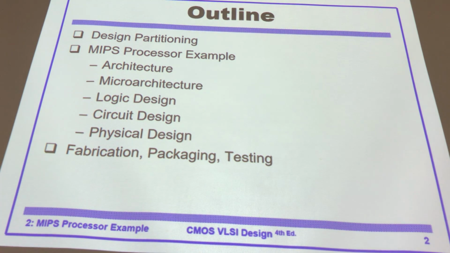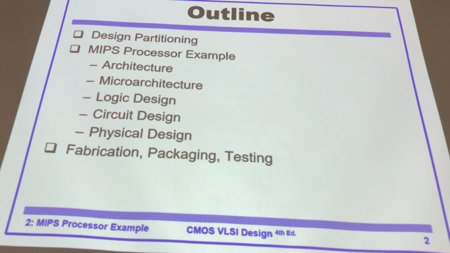For a complex chip like a CPU, you might need to employ some design approach, like design partitioning. Given the CPU process example, start from architecture design, then microarchitecture design, from top to bottom, from the more abstract layer down to the physical layer.